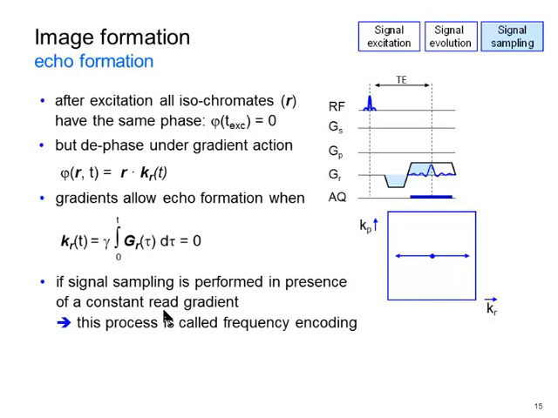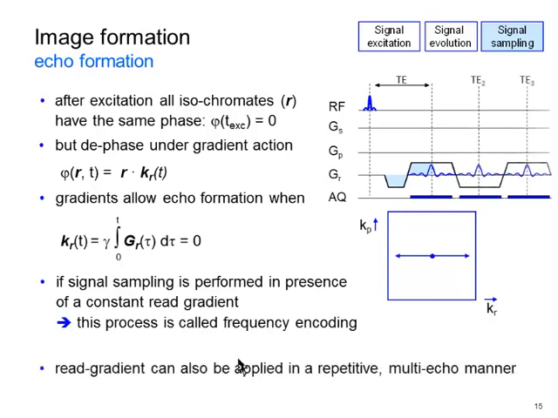If the signal is sampled in presence of such a constant or of any read gradient, this process is called frequency encoding. And if we use the proper gradient strengths for a given field of view and the proper sampling interval, we are able to fulfill the Nyquist theorem.